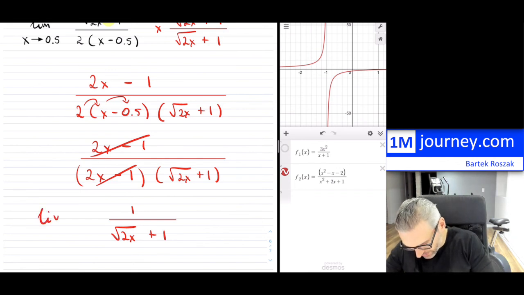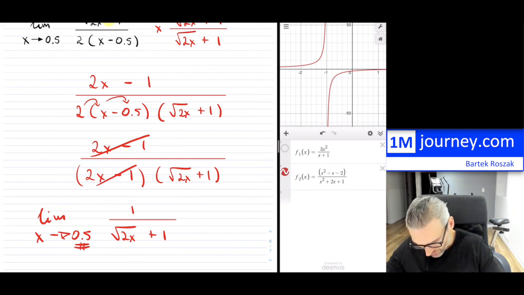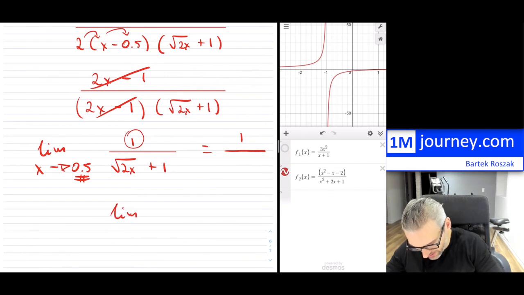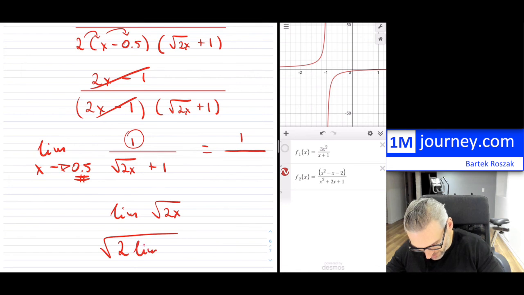Let's see if that will help me as I'm approaching 0.5. Yeah, it does help me. Now the limit of the top is equal to 1, that's just a constant. And then the limit of the bottom is the square root of 2 times the limit of just x.